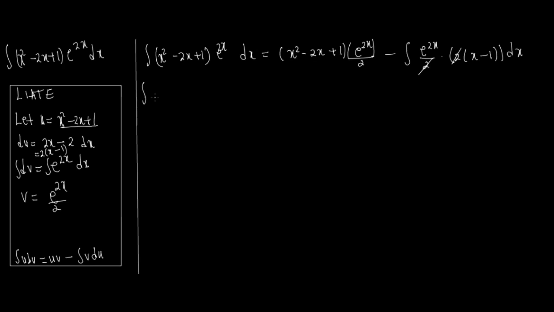So we'll have the integral of x squared minus 2x plus 1 times e to the 2x dx, which is equal to 1 over 2 e to the 2x times x squared minus 2x plus 1 minus the integral of e to the 2x times x minus 1 dx.